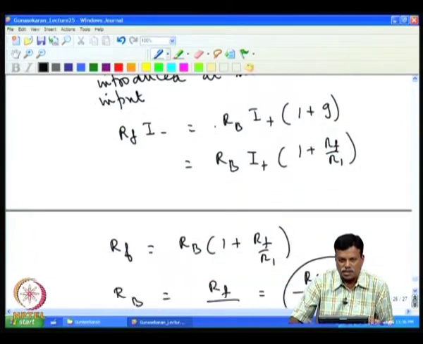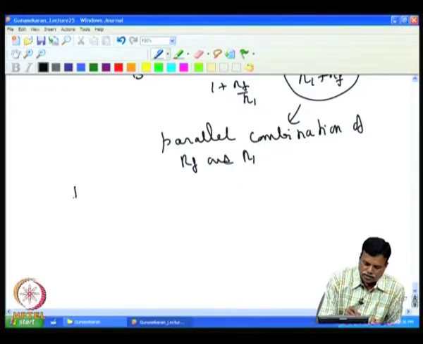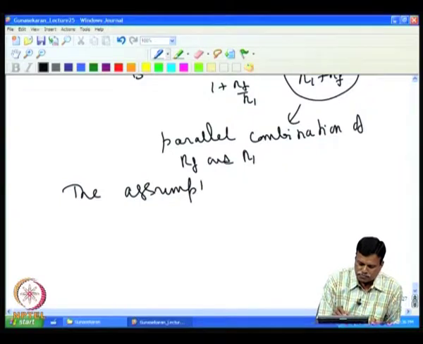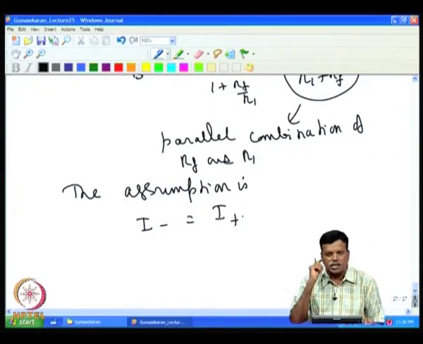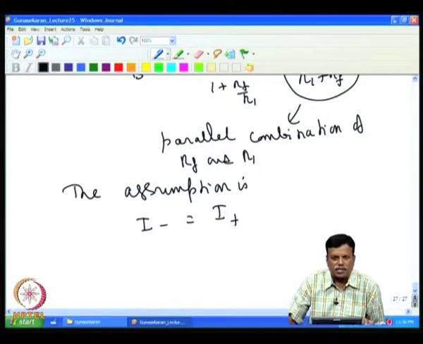Here the assumption is I minus equal to I plus, that is, the two bias currents are equal, but in an actual case they are not equal.